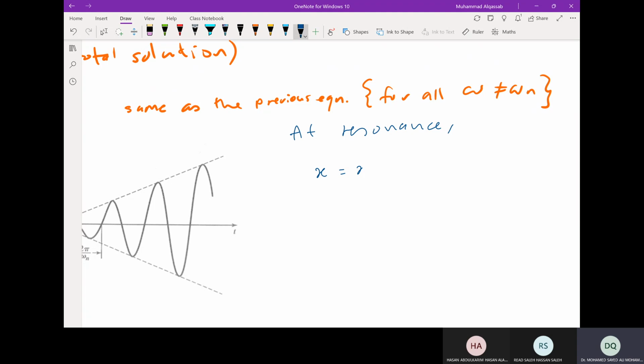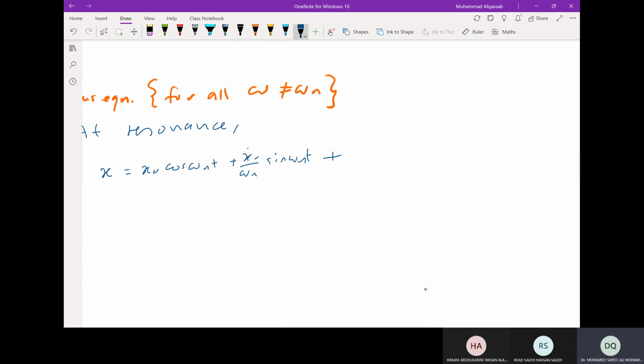we have x equal to x0 cosine omega n t plus x0 dot divided by omega n sine omega n t plus F naught over k. We take the limit as omega goes to omega n of the term cosine omega t minus cosine omega n t divided by 1 minus omega over omega n squared.